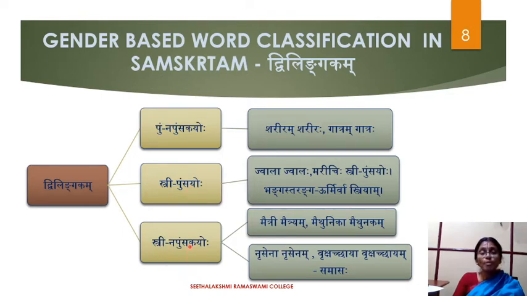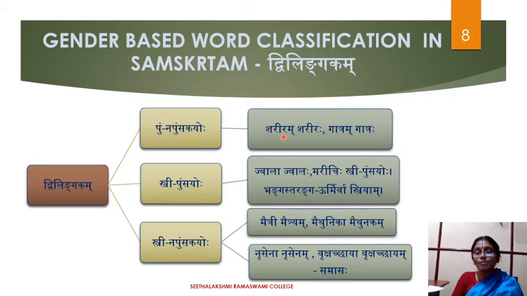feminine and neuter combination. So under the combination of Pullinga and Napumsakalinga, masculine and neuter, we have Shariram, Shariraha, Gatram, Gatraha, which means body in all cases, both. So Sharira is a single lexical entry for which 2 genders, Pullinga and Napumsakalinga, were assigned.